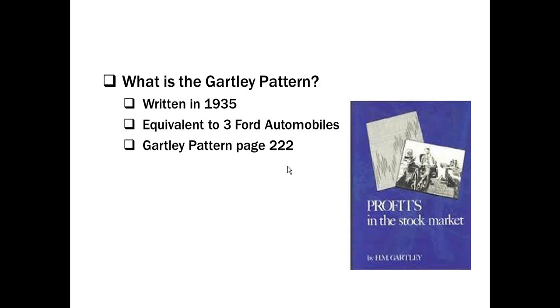Now, the interesting thing is that this book is huge. The Gartley pattern itself, the namesake, is only found on one page of this book, page 222. And since then, it's evolved, because really all it is is what we call an impulse move with an A-B-C correction, where A and C are equal.